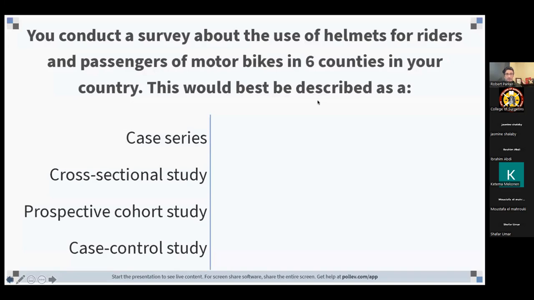You could do a case series of riders and passengers to see maybe some of them were in collisions and had traumatic injuries. That could be a case series looking back at the riders and passengers and their experience. Maybe you want to do a case control study. You want to say, I think passengers are more likely to be injured than the riders. So I'm going to say that my cases are the passengers and my controls are the riders. You could make a study out of this question. But the question as it is, a survey would best be described as a cross-sectional study.